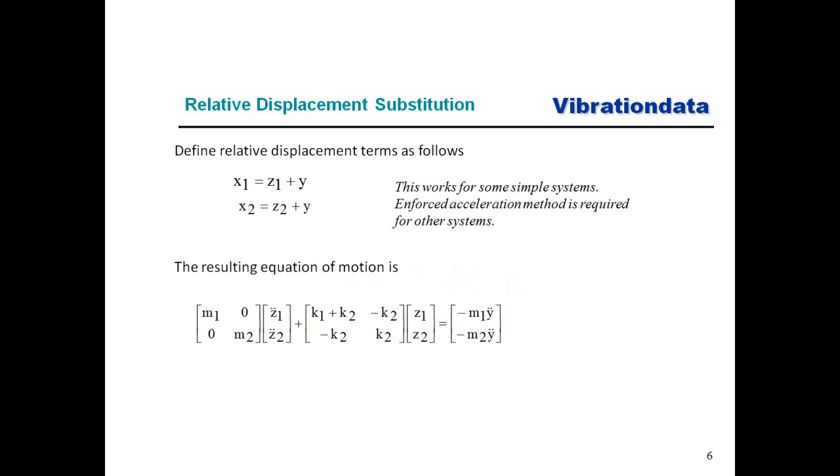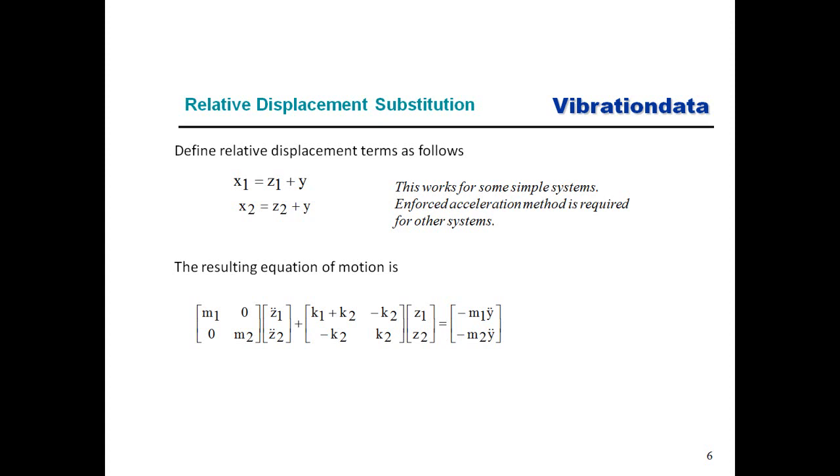Now, the system we're working with, even though it's a 2 degree of freedom system, is one step above our familiar single degree of freedom system. It's really a very simple system. So we can go back to one of our favorite techniques, and that's looking at relative displacements and transforming this set of equations into a set of equations with respect to the relative displacement coordinates.